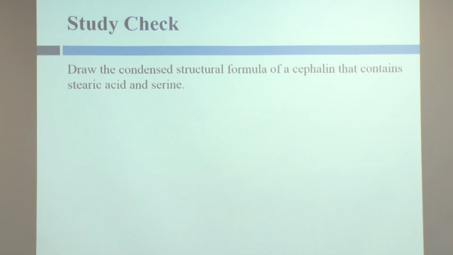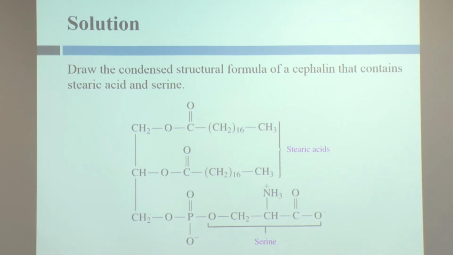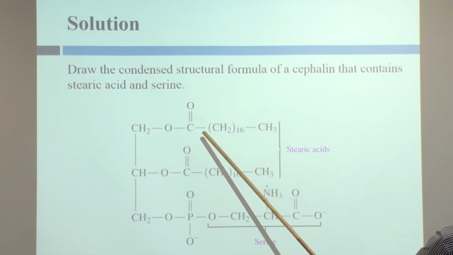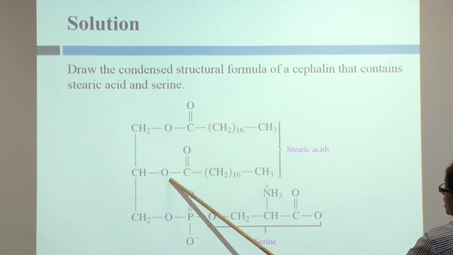And now I have to set up the structure of the glycerophospholipid. There is my structure of the glycerophospholipid. There is glycerol. There are the stearic acid molecules connecting to the two hydroxyl groups with the elimination of a water molecule.